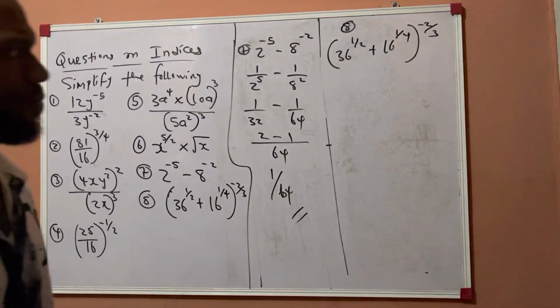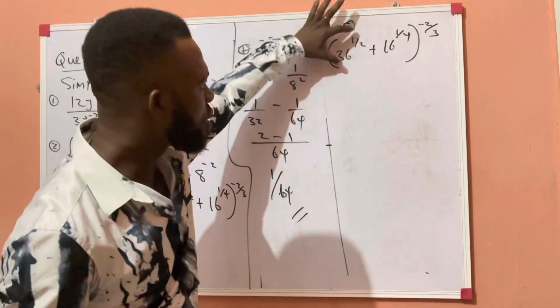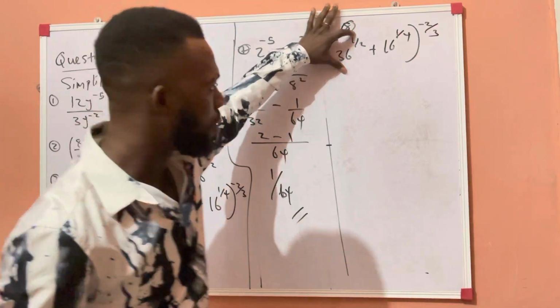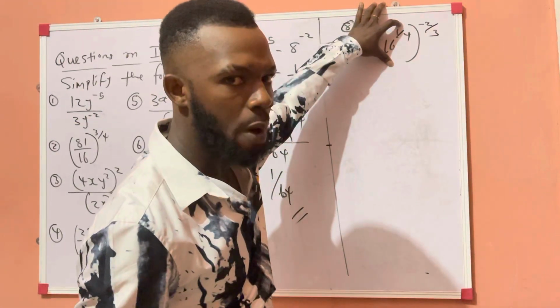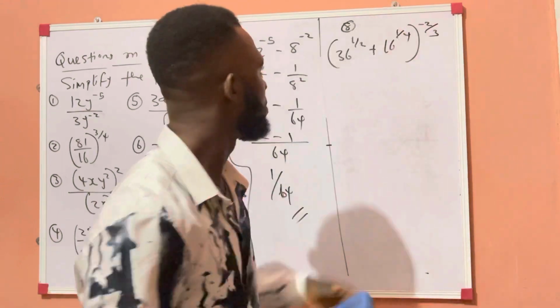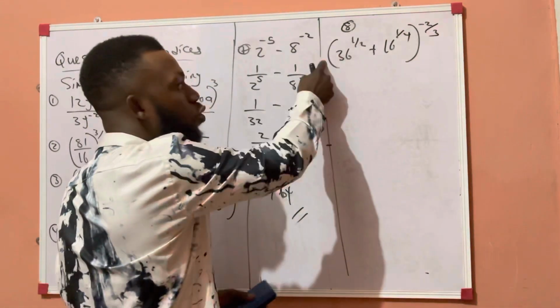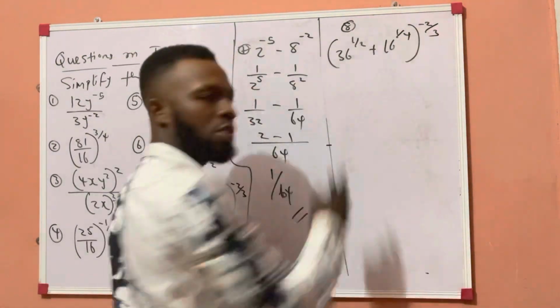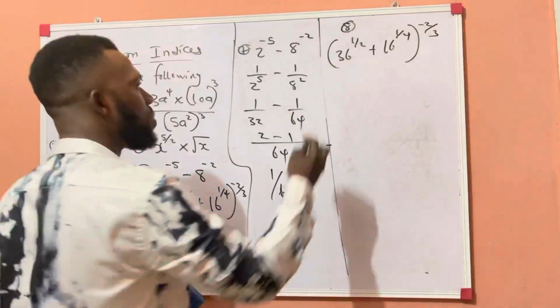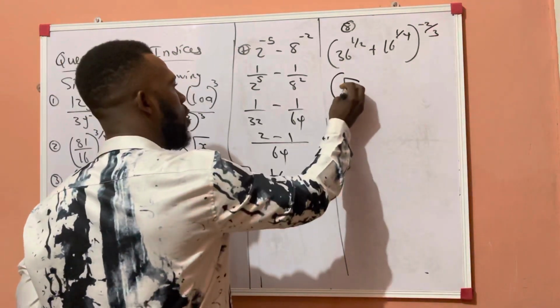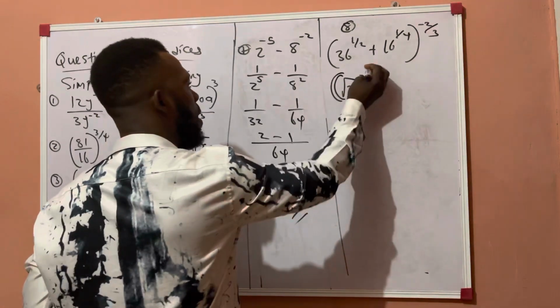Now what do we do here? This alone, fractional power law. So what does that mean? The denominator becomes the root of your base. Let's go there. Here becomes the square root of 36 raised to the power of 1.